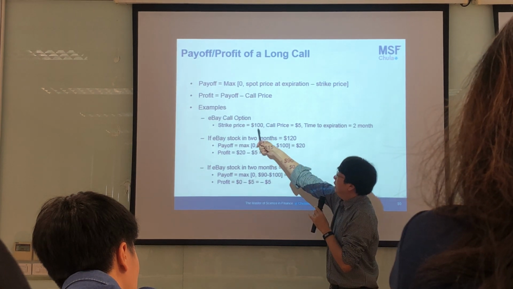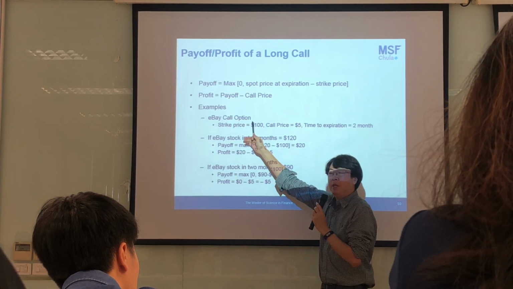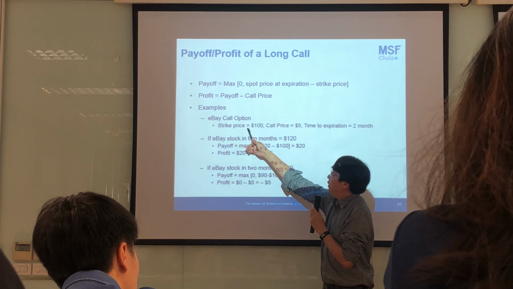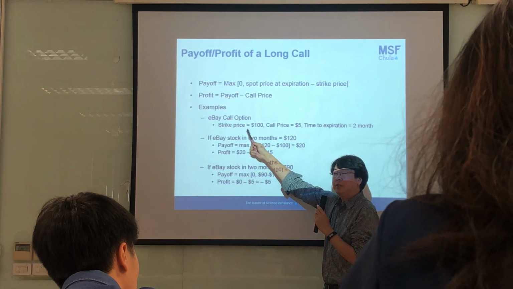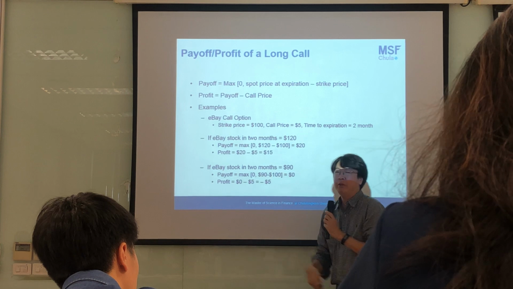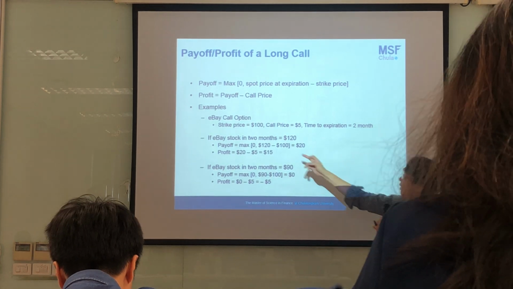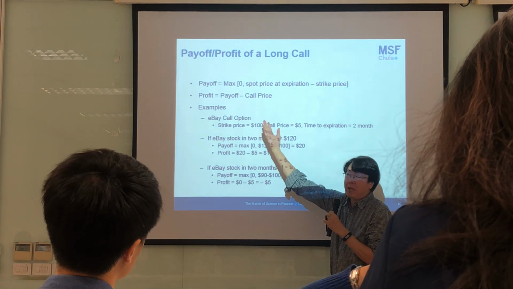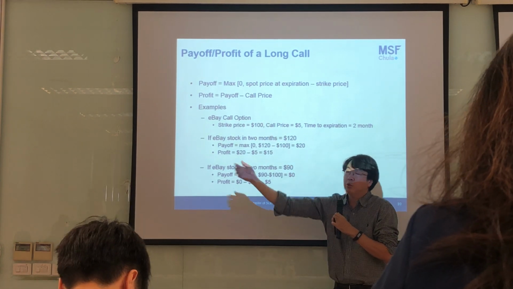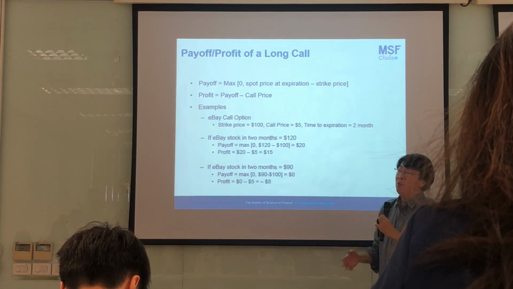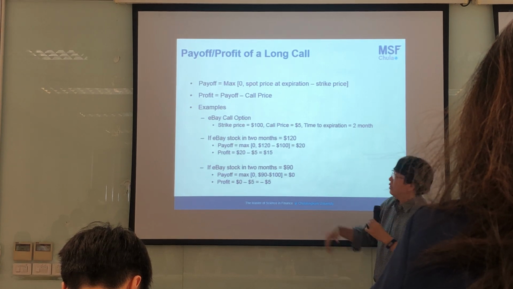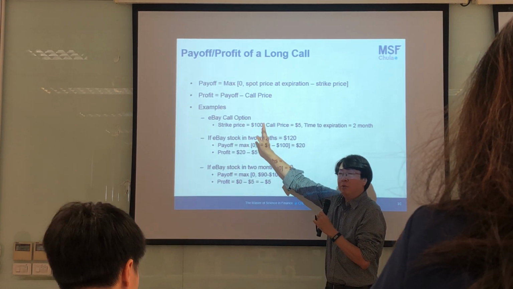Now let's consider the eBay call option. Suppose that this call option has a strike price equal to 100. So who sets the strike price? Actually, the strike price can be any price. You just talk to the financial institution: I want the eBay call option with the strike price equal to this value.